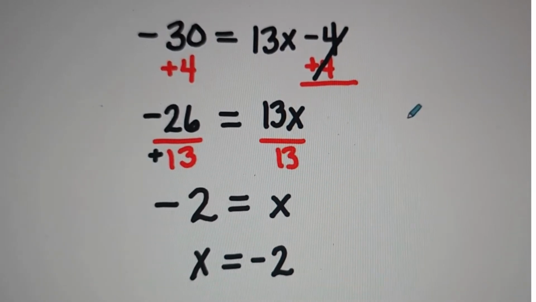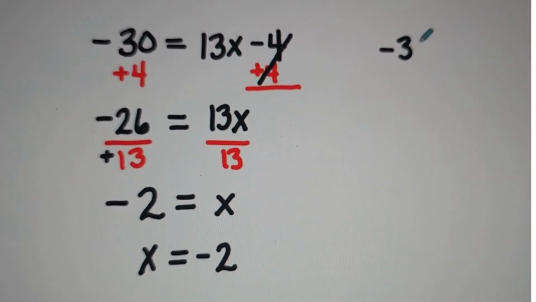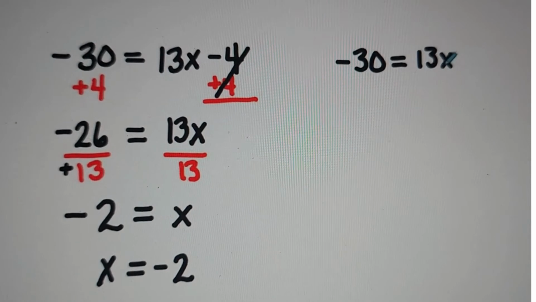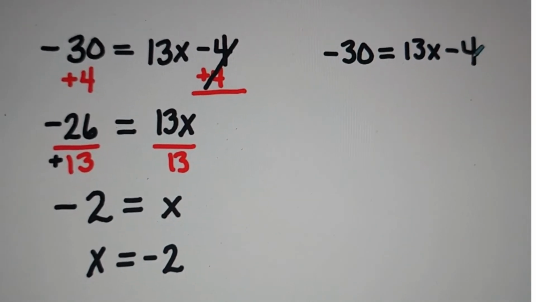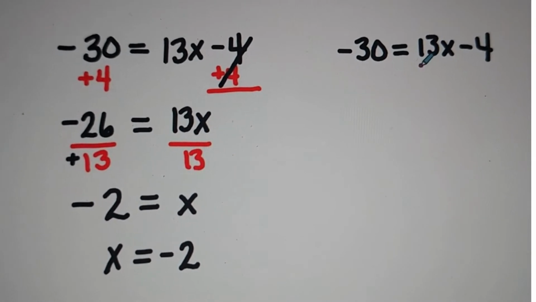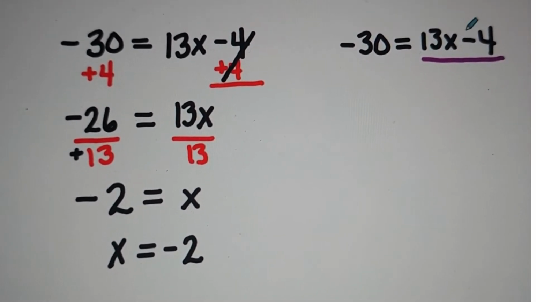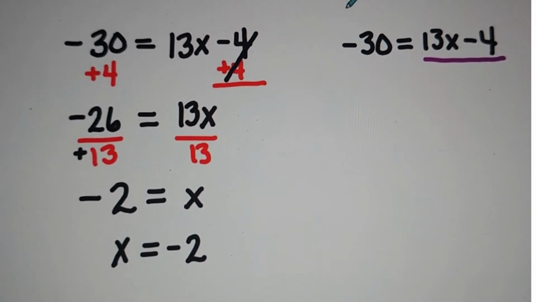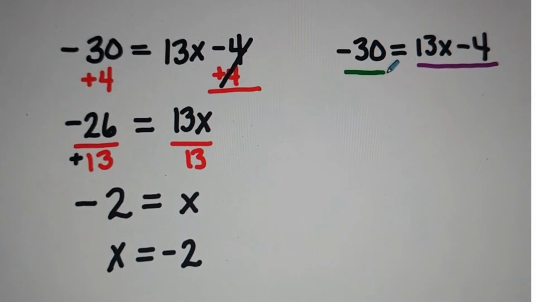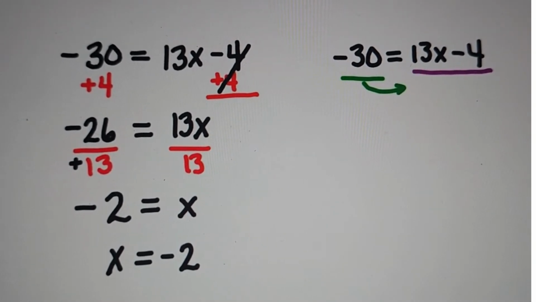Now, I'm going to go ahead and do this problem a different way. I'm going to rewrite the problem negative 30 equals 13x minus 4. And before I get started, I could take this entire expression on the right-hand side and move it over to the left-hand side and take this constant of negative 30 and move it over to the right-hand side.